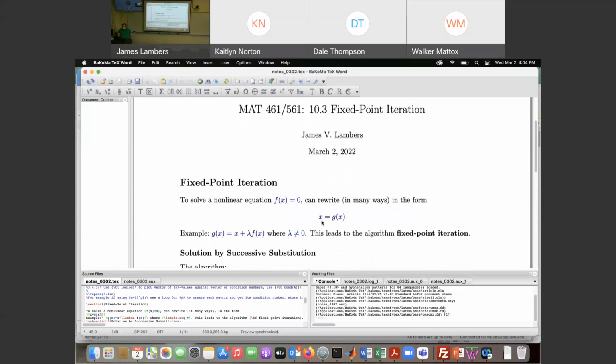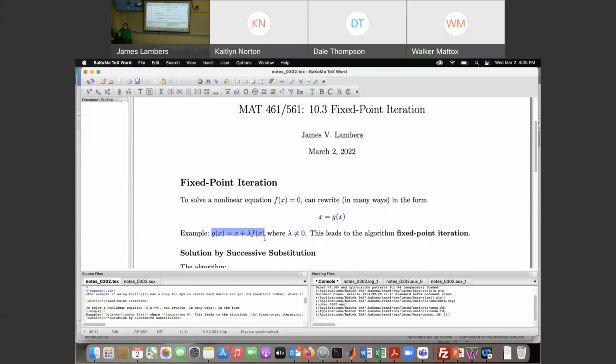A straightforward way to write the equation in that form is to define g of x to be x plus lambda, some scaling constant lambda, times f of x, because if you write g of x like this, then you can guarantee that this equation is satisfied if and only if the original equation is.